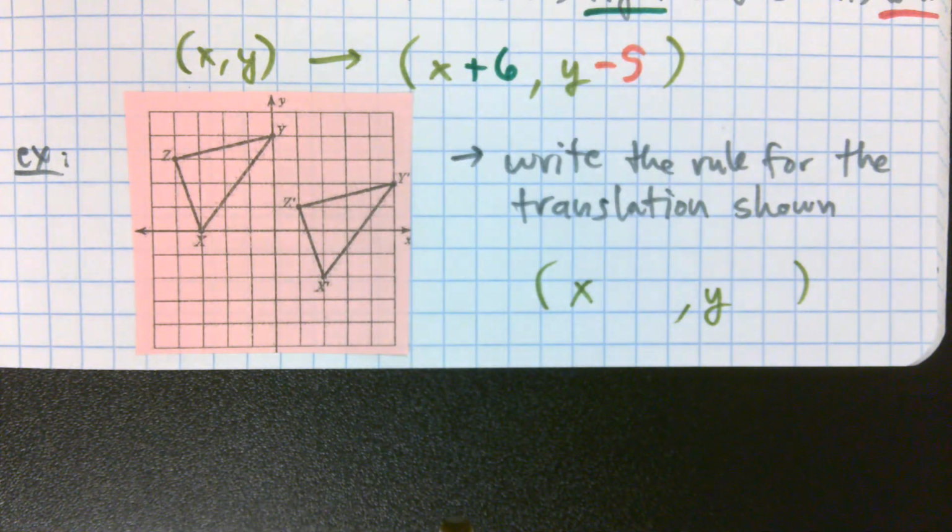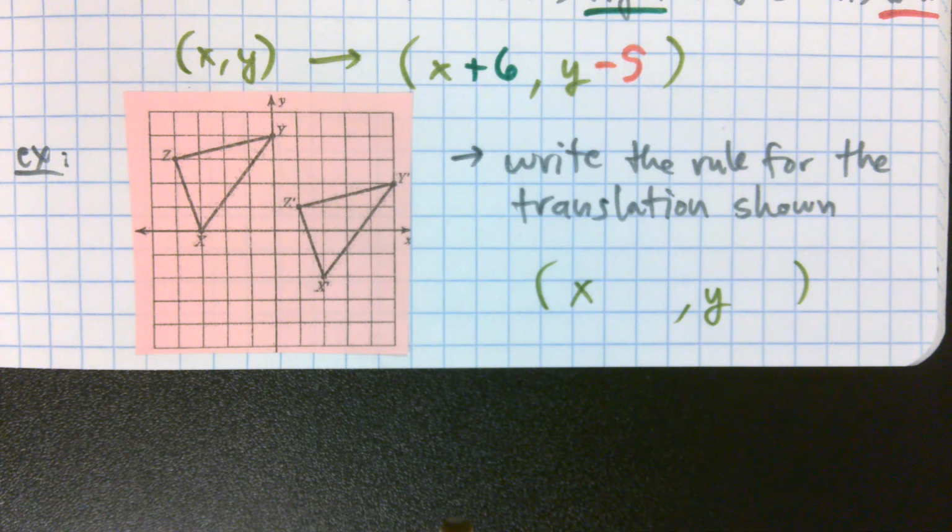Now take a look at these two triangles here. We got to figure out, where do we start out with this triangle? What's my pre-image here? Is it the triangle on the left or the triangle on the right? Triangle on the left?